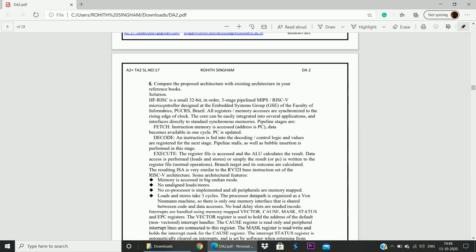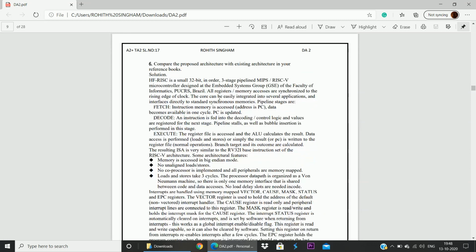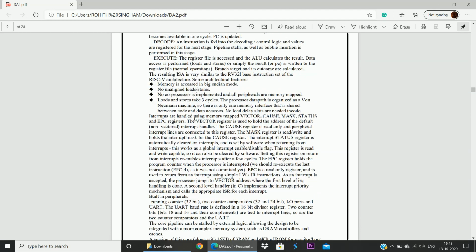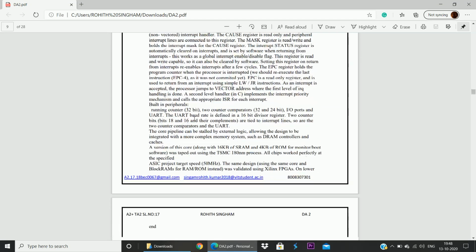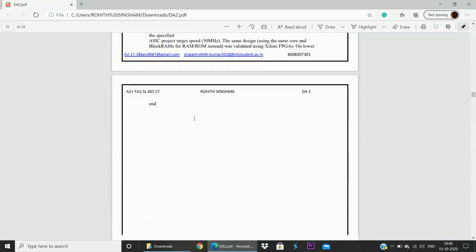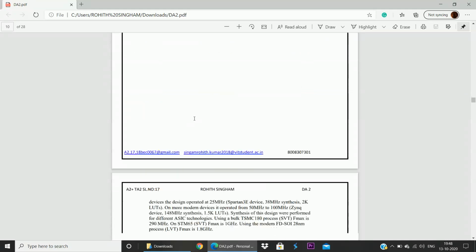I have clearly fetched the information here, so I couldn't read all of it now. These are the pipeline stages: fetch, decode, execute, and these are the comparisons between the two, and I have differentiated them as well. I have provided the information efficiently enough, so you can clearly check them.